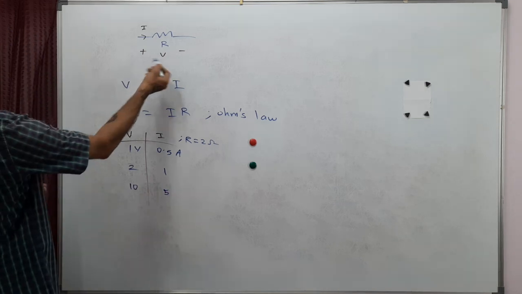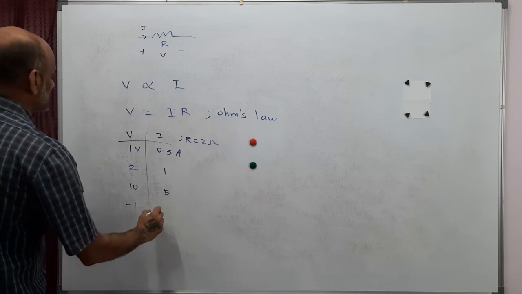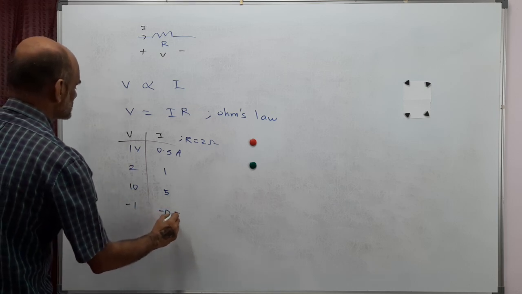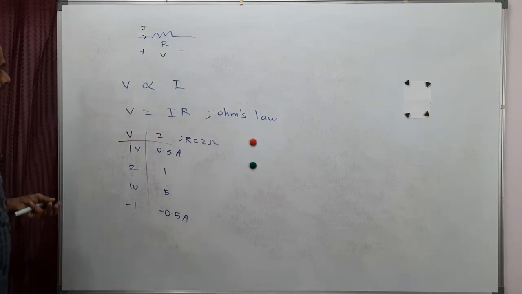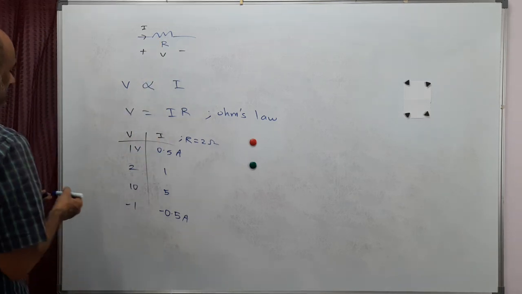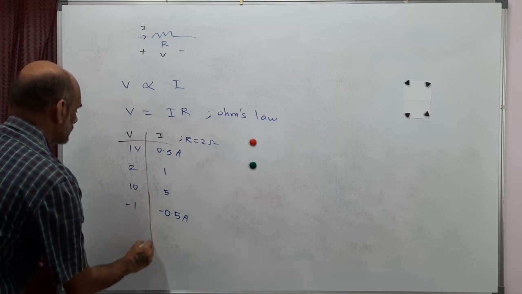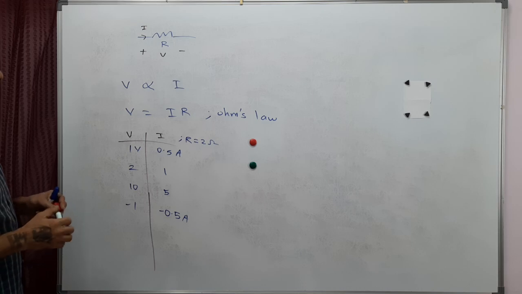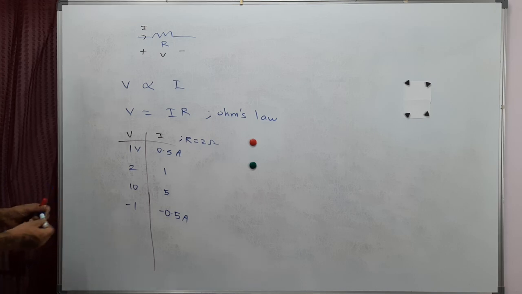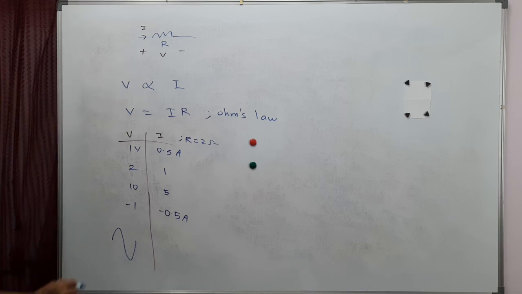And if I reverse the direction of the voltage, say minus 1 volt, then the current direction will reverse. So the current will flow in this direction, and that is represented with a negative sign. So instead of applying steady voltage like this, I can also apply a time varying voltage, which varies in form of a sine.